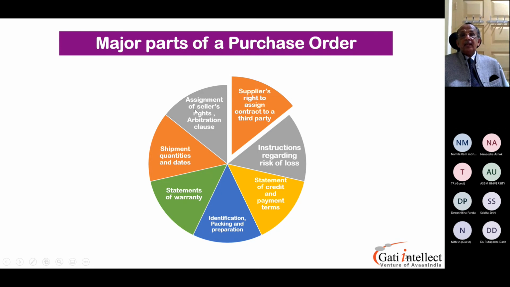Assignment of seller's rights and arbitration clause. This is something which is very much to be incorporated. Let us say you are in India and you are raising a purchase order. You will say the law of the land is applicable.